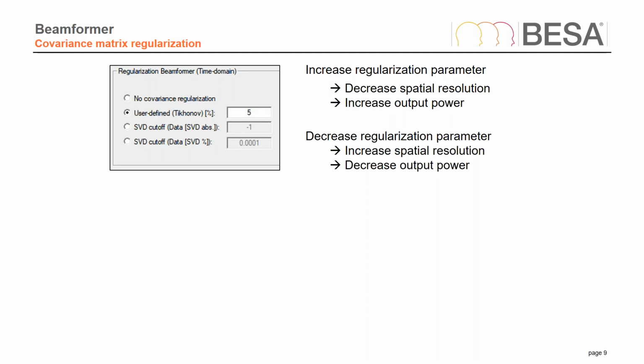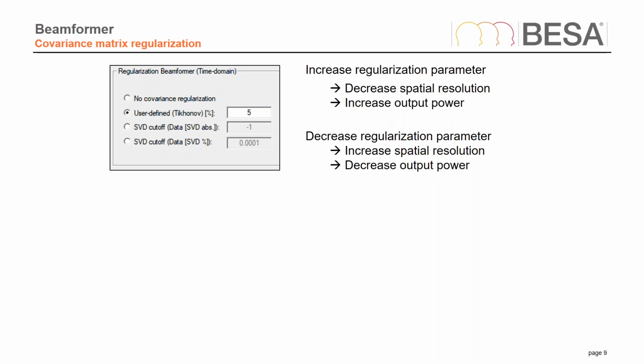So what happens when we increase our regularization parameter? This will decrease the spatial resolution of the beamformer image. On the other hand, it increases the output power. And if we decrease our regularization parameter, the opposite will happen.